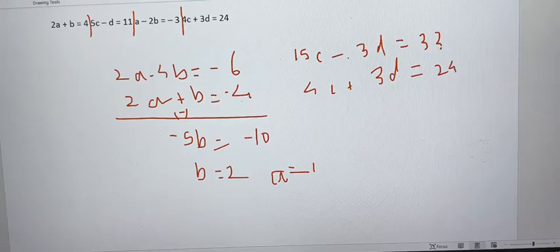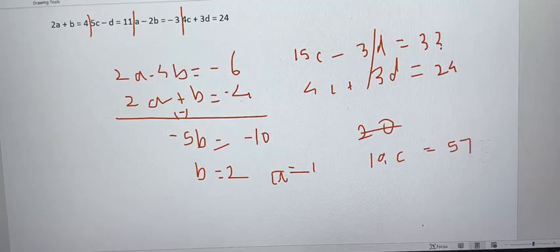Now here already minus sign I got, that's why I can directly cancel it off. That means I'm adding them. So it will be 19C being equal to 57. So C value will be 3. 19 3s are 57. C value will be 3.